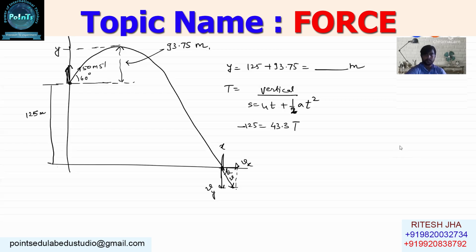I'm writing this as 43.3 t minus 5t². Do you agree? Okay. So with that, we can write 5t² minus 43.3t minus 125 equals 0. Then when you solve this quadratic equation, you'll get the value of t.